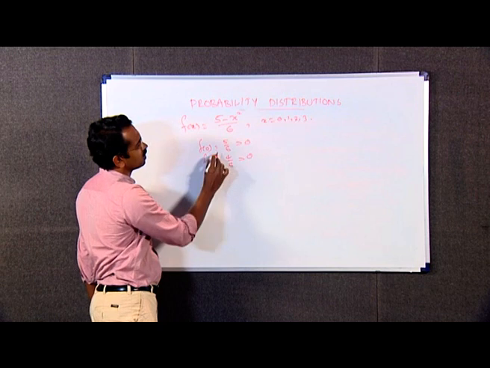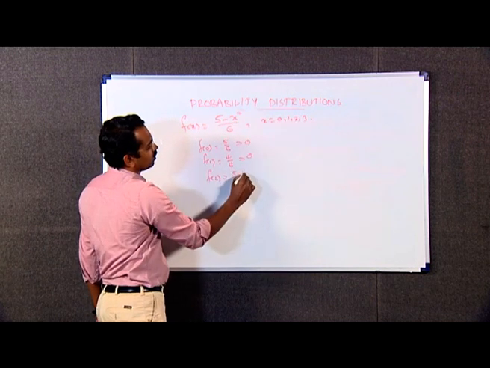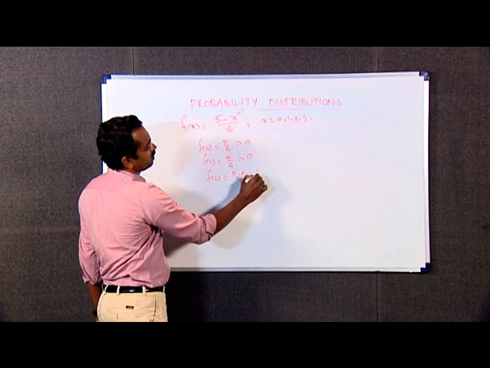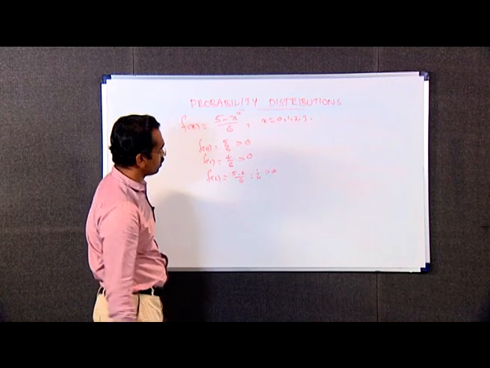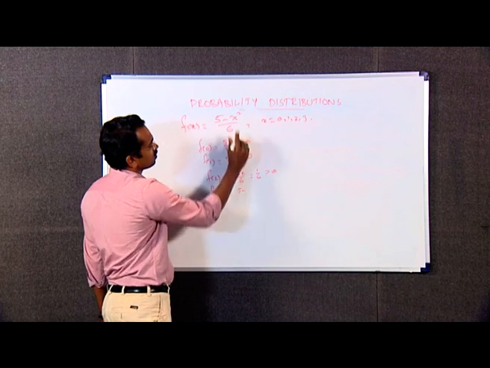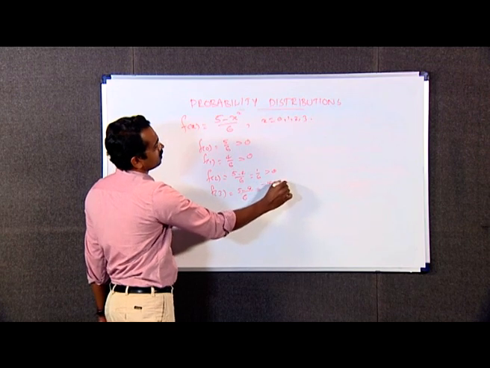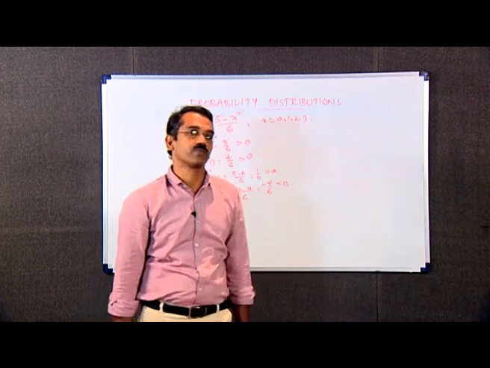F of 2 is equal to 5 minus 2 square, that is 4, divided by 6, that is 1 by 6, which is again greater than 0. F of 3 is equal to 5 minus 3 square, that is 9, divided by 6, that is minus 4 by 6, which is less than 0.